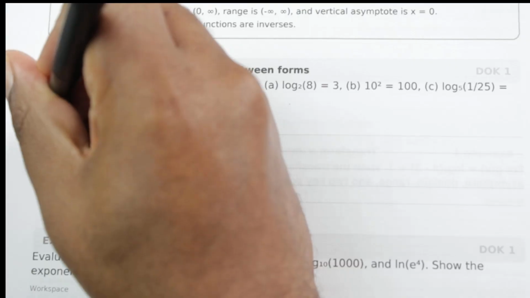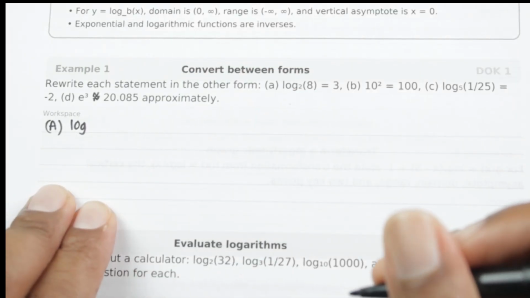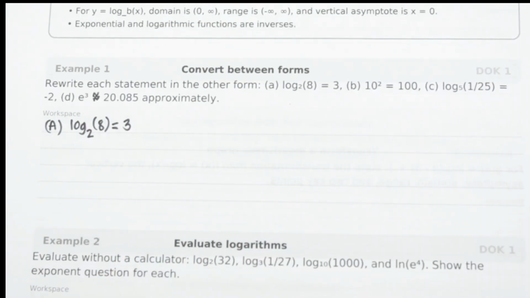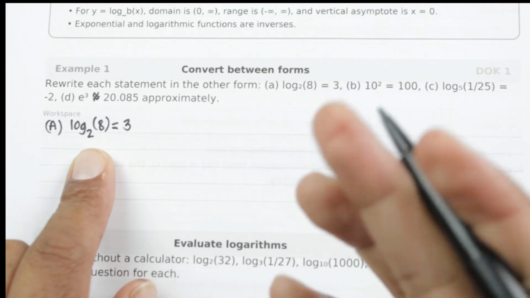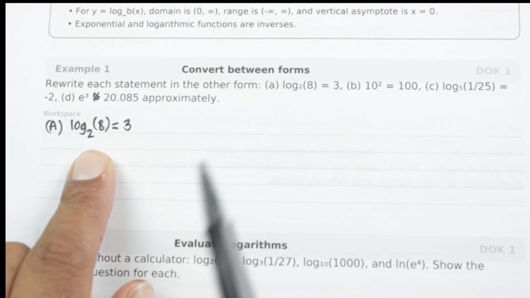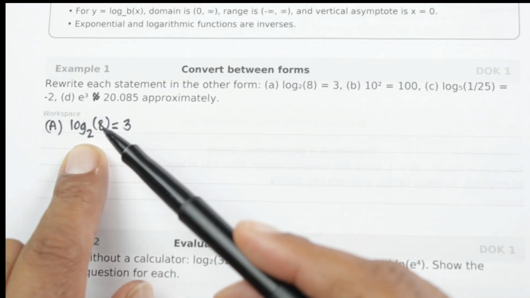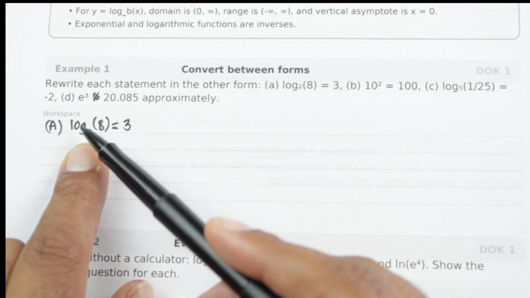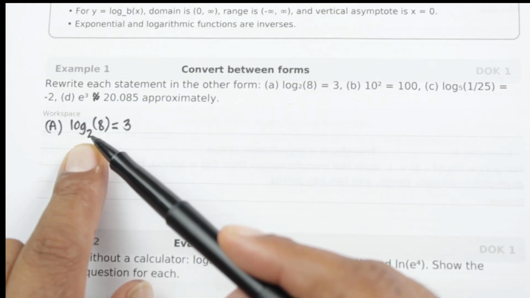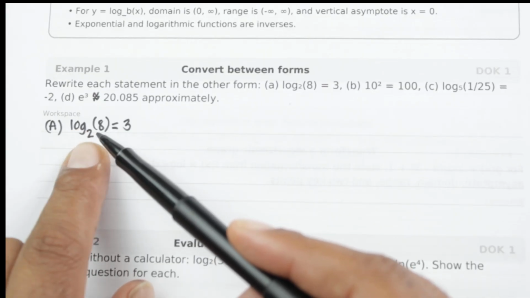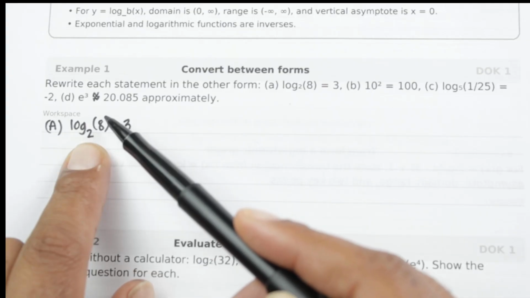All right, so let's deal with part A first. So we want to start with log base 2 of 8 equals 3. Okay, so what does this mean? Because if you've never seen it before, you have no idea what this means. This means 2 raised to what power gives me 8. So when you see log base 2 or log base any number, of this number, it's asking you what power of 2 would give me 8.